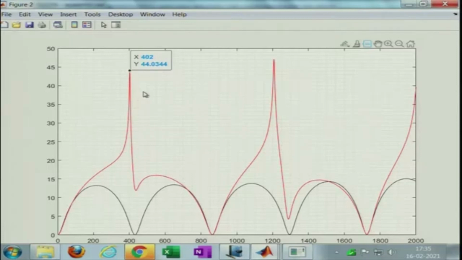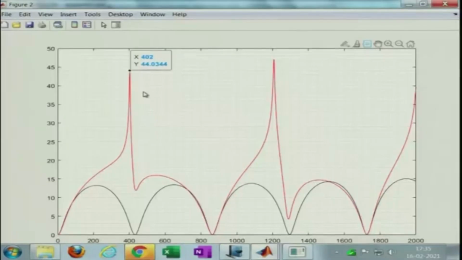So, 402. Now, the resonance of this chamber is C naught divided by 2L, C naught by L, 3 by 2 into C naught by L. Basically, when you equate K naught L equal to n pi, you get the axial resonances. So, L is the complete length of the chamber including the extension.